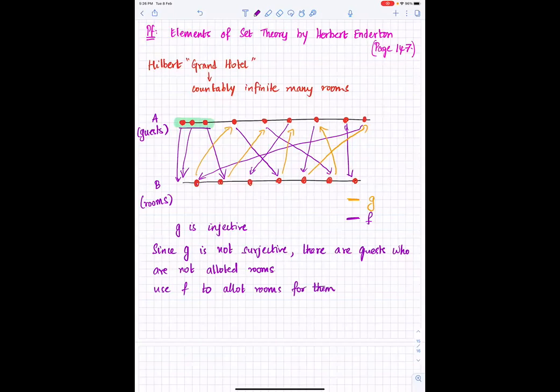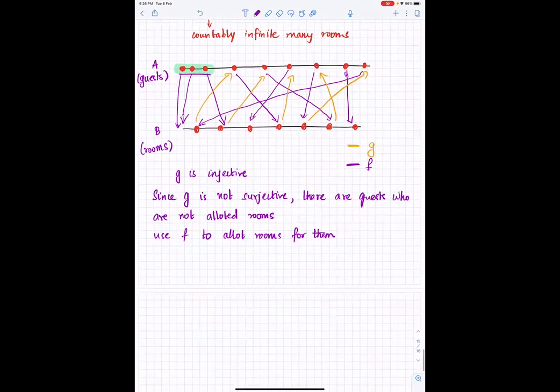You do know that there is an f, so definitely these guests were mapped to some rooms. Okay, so what should we start with? Let's look at the set A minus the image of g. Let's call this set A0.